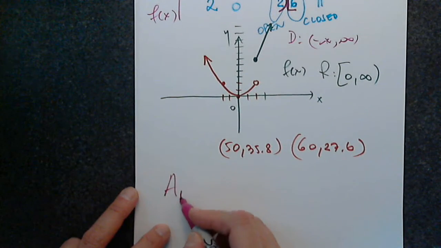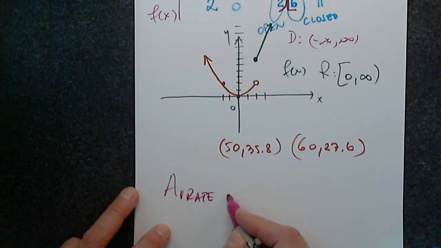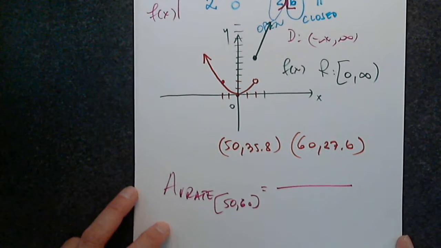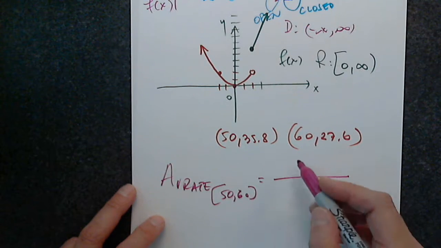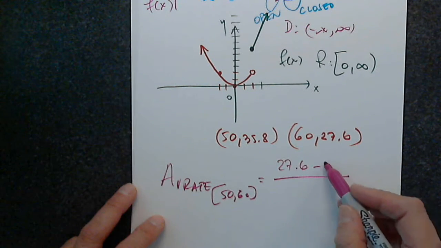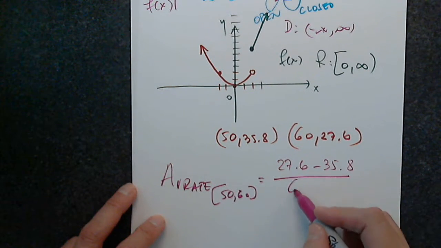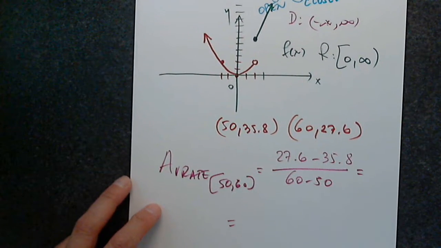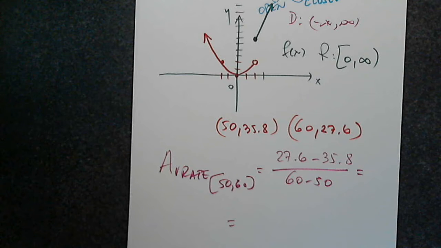So the average rate of change between the ages of 50 and 60 for the model will be 27.6 minus 35.8 over 60 minus 50. Whatever the answer turns out to be, you must write the measurement unit.